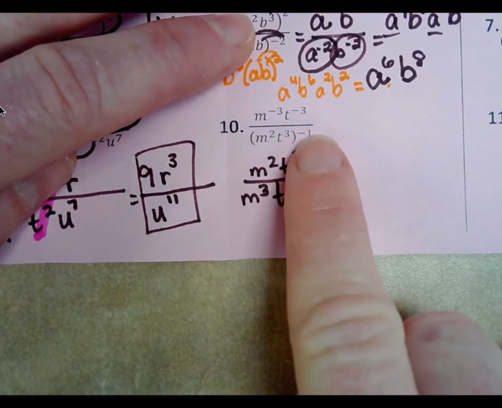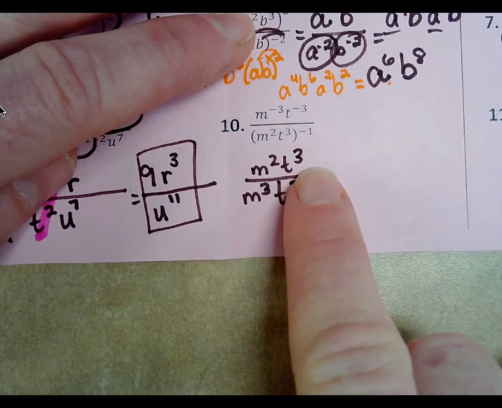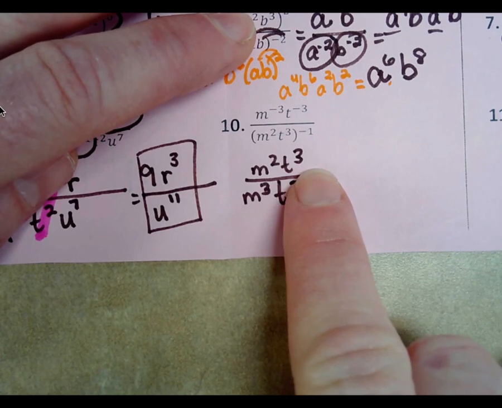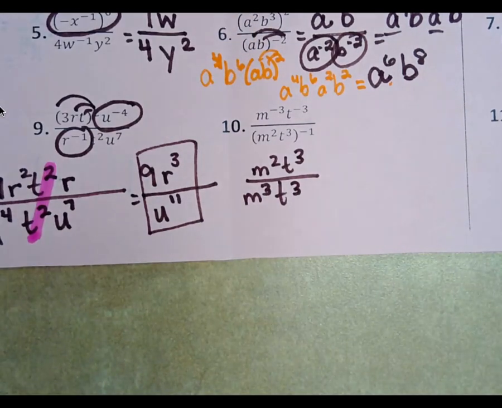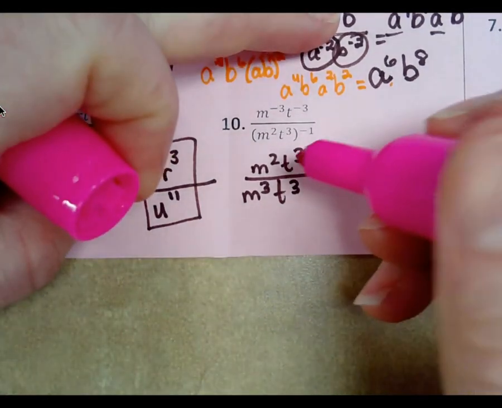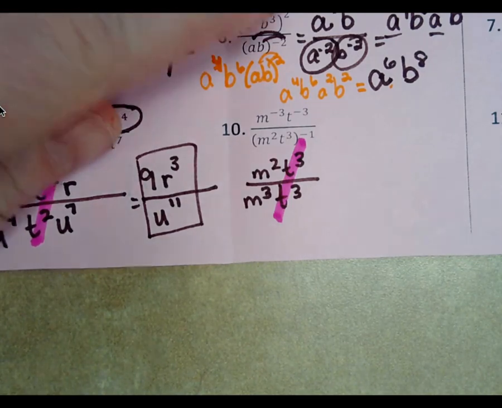So this is to the negative 1, so it'll be to the positive 1, but an exponent of positive 1 won't change any of our variables. So we're going to leave it the exact same. We have t cubed, it's going to simplify out. We'll have no t's.